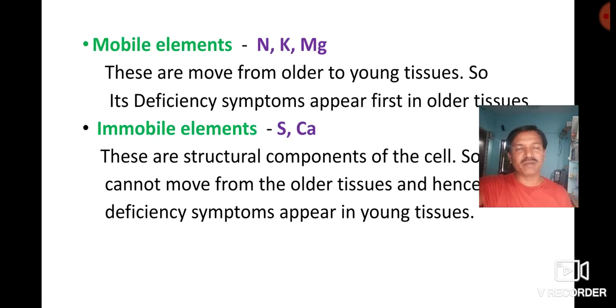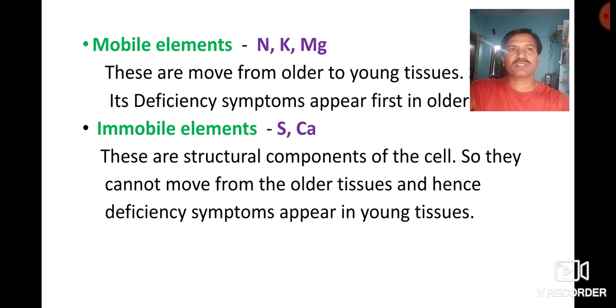And some are mobile elements, for example nitrogen, potassium, magnesium. These move from older to younger tissues, so deficiency symptoms appear first in older tissues.